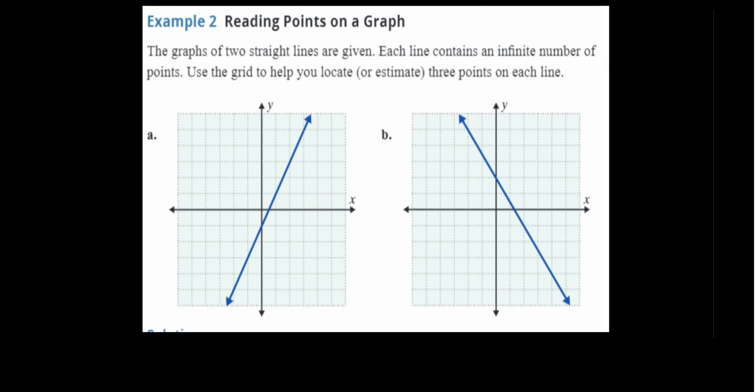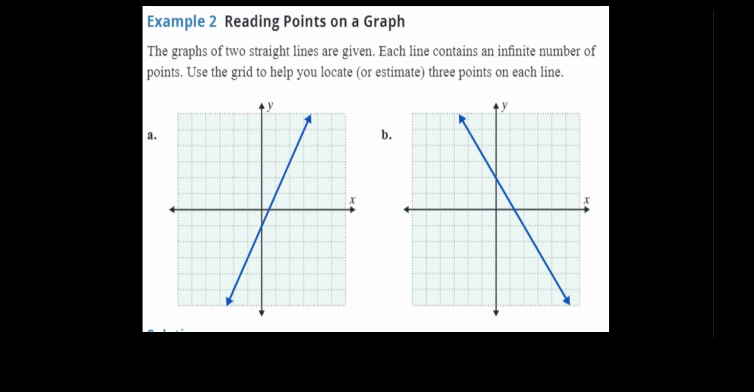For example, notice how this looks like it's about halfway from 0 to 1 on the x-axis, this blue line. Well, I could say 0.5 for x, and then I could come up with an infinite amount of x's and y's just based off that.